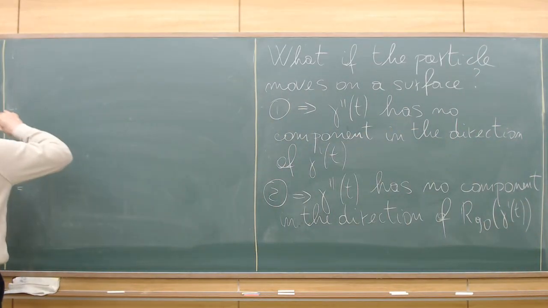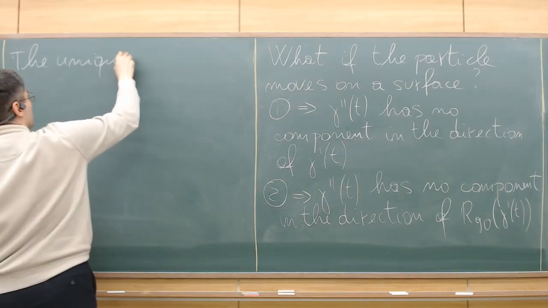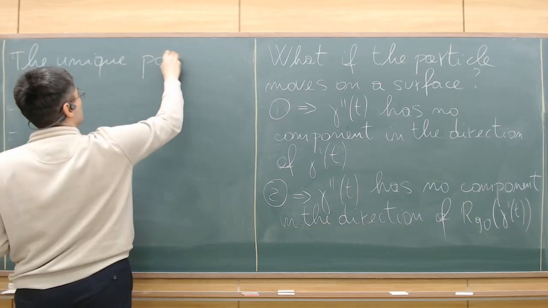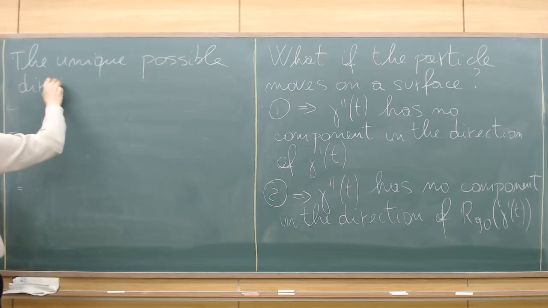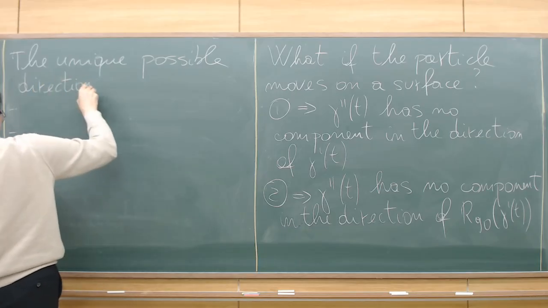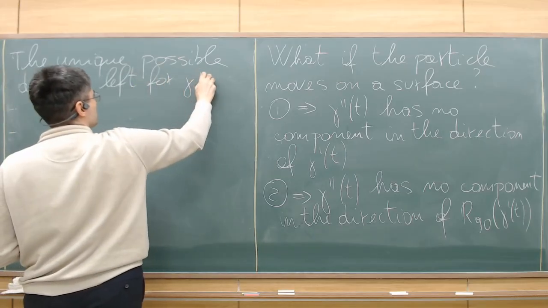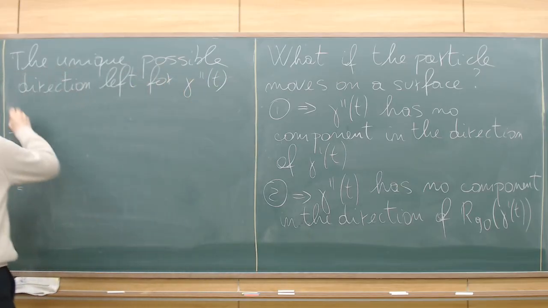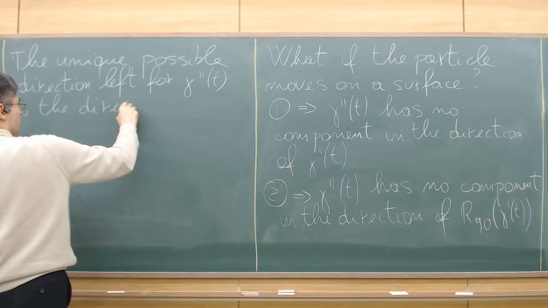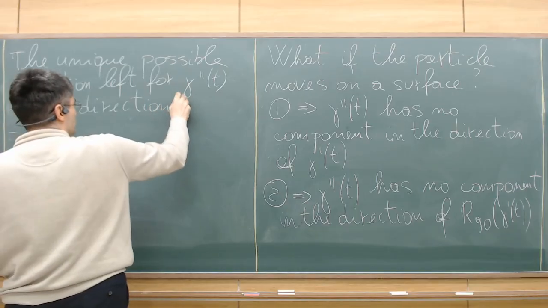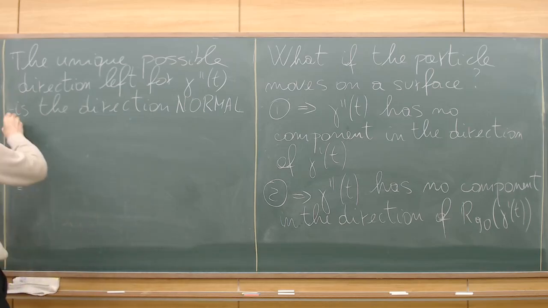So the unique possible direction left for gamma second is the direction normal to the surface.